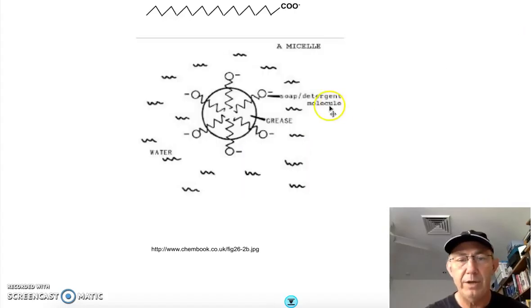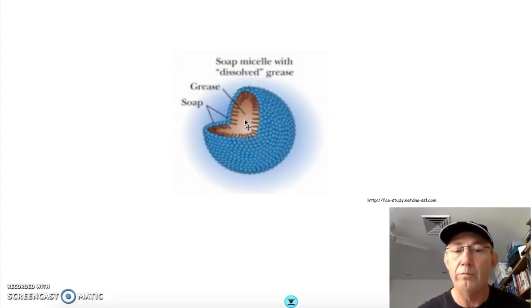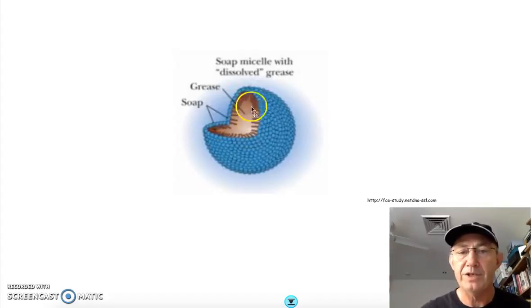So if I go back to this picture, these little tails embed themselves in the grease, the little blue ends are now attracted to the water, and so what we end up with is a micelle, and a micelle is a droplet of grease or dirt or some other non-polar substance that is now completely surrounded by charged soap ions that are attracted to the water molecules. So this is now dissolved and floating around in the water.